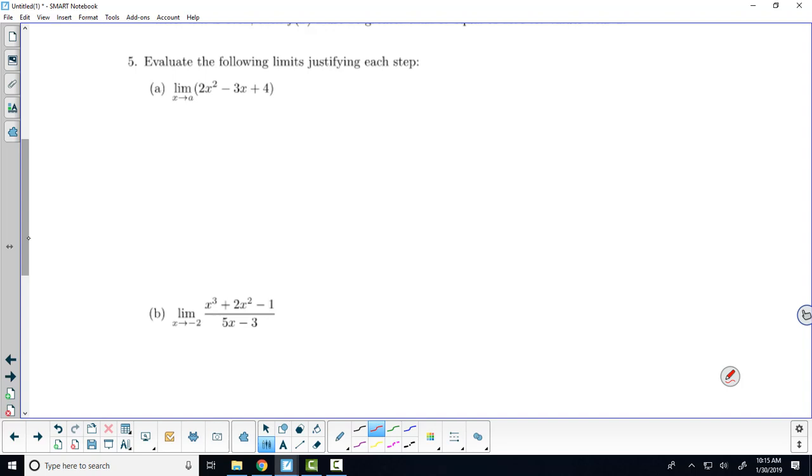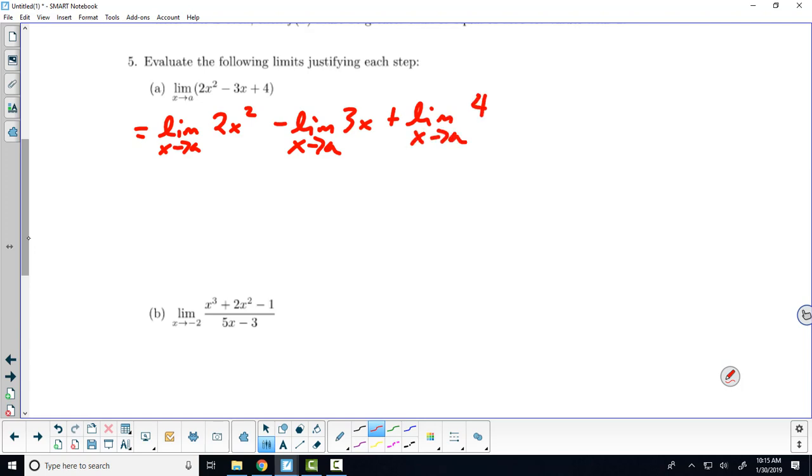So that means I can rewrite this as the limit as x approaches a of 2x squared minus the limit as x approaches a of 3x plus the limit as x approaches a of 4. Everyone see what I did there? I distributed the limit over the sums and differences, which I'm allowed to do by that previous property. Okay? Which is one I think I will prove to you too.